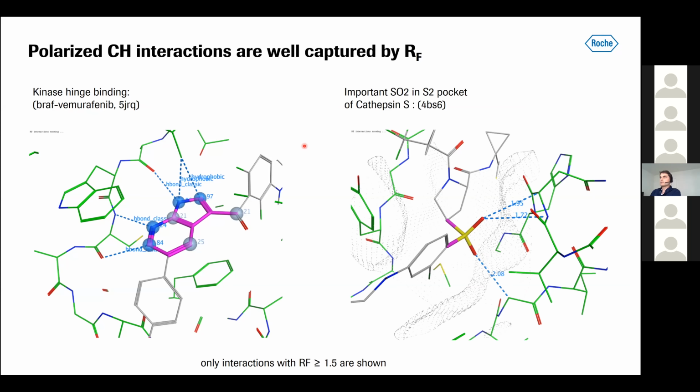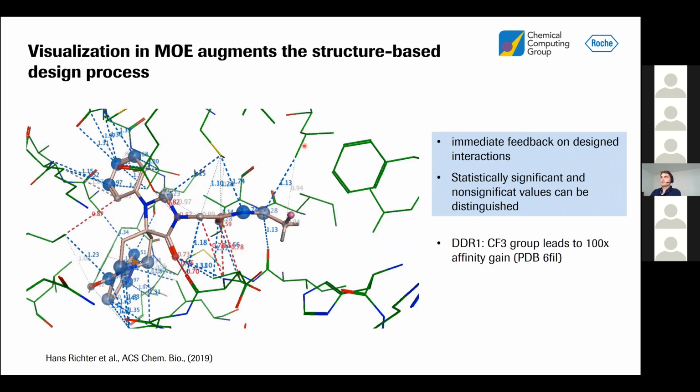Okay, so the talk is called Augmenting, and this slide is really about the augmentation of the design process. And this video already shows you the tool we developed in collaboration with Richard Bartel from CCG, which is highly interactive and depicts the quality of the interactions in your protein-ligand complex, and is updated in real time by whatever design change you make.